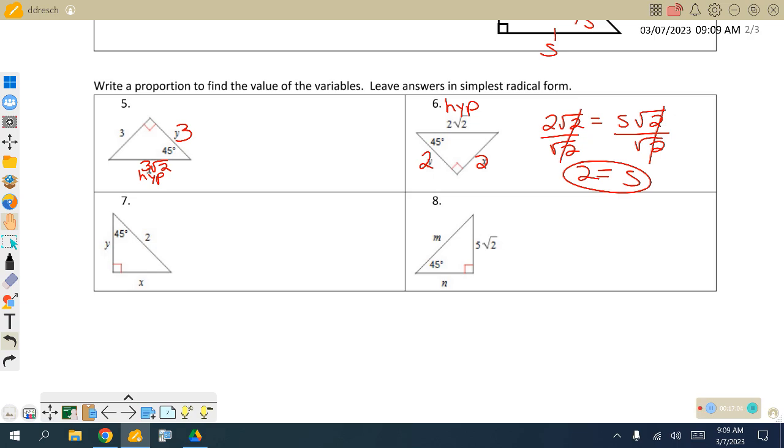But now letter number 7 here, it doesn't go as quickly like that. So make sure you're paying attention here because that's not going to happen in question 7. Okay. Number 7, same thing I'm going to ask you. The only thing that we got information on is the 2. What does the 2 represent? The leg or the hypotenuse? It's the hypotenuse.